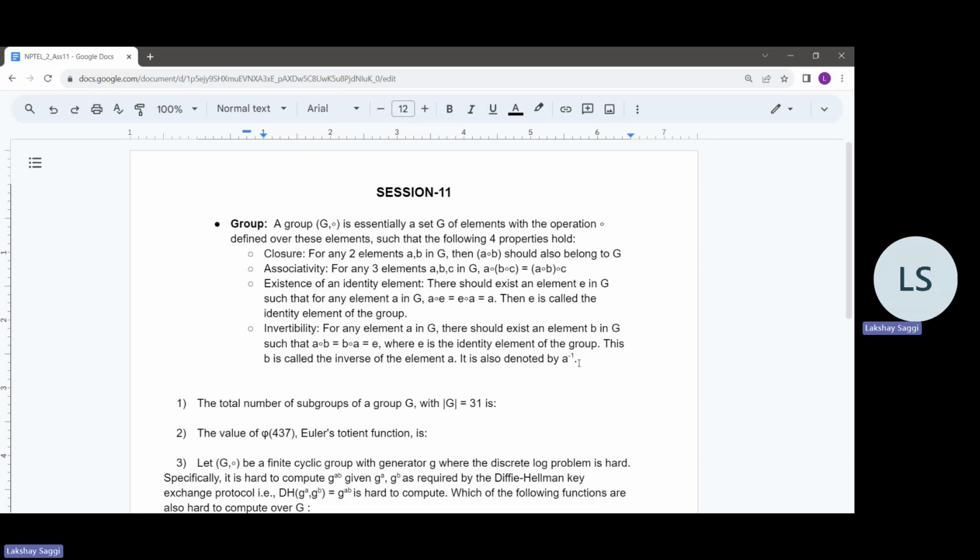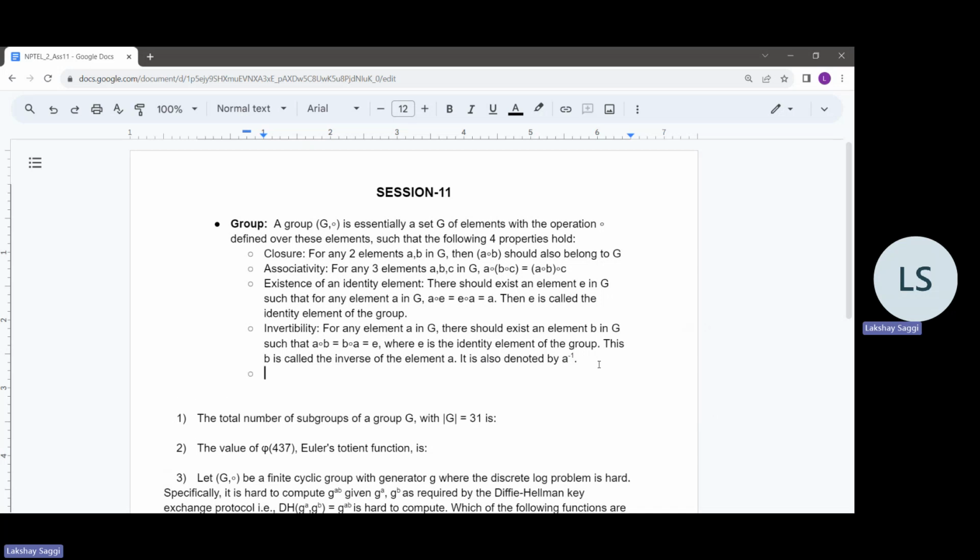Note that this is not the value 1 by A, because 1 by A only makes sense if we have defined division, but this is just a notation. A inverse is nothing but a notation for the inverse of an element A. This does not mean we are raising it to the power minus one in any sense, or that we are saying the value 1 by A. We are just defining some notation. So I just want to point this out.